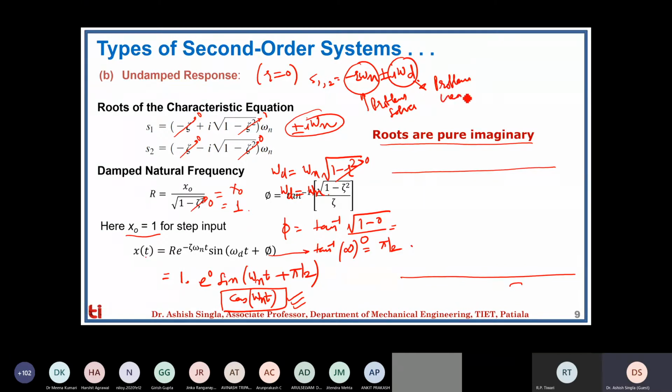From any vibration point of view, or from any robotics point of view, where the objective is to minimize the vibrations, the real part of the root is the one which will save our life, whereas the complex part is the one which will try to impose the vibrations. So here you can see in the response, as the real part of the root is gone and the root has only the complex part, similarly the exponential part in the response is also gone.